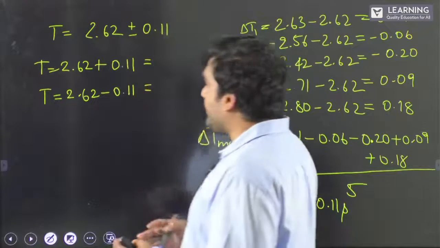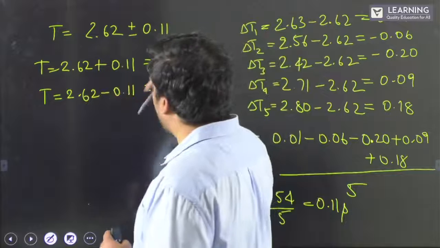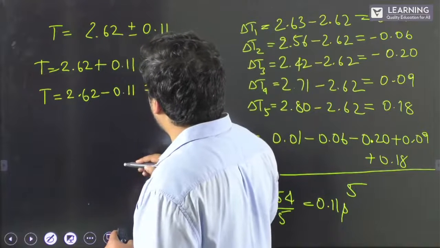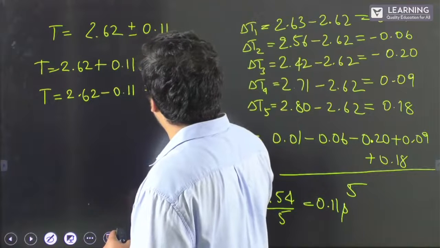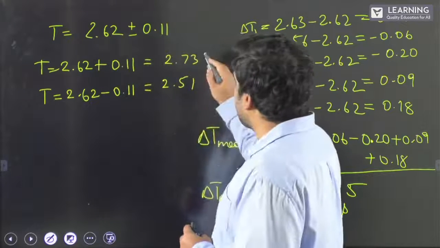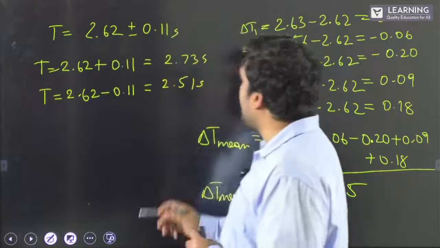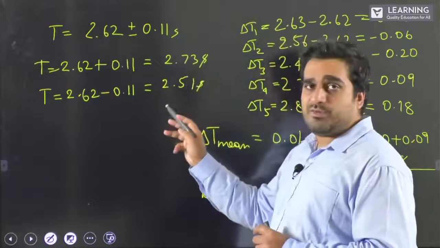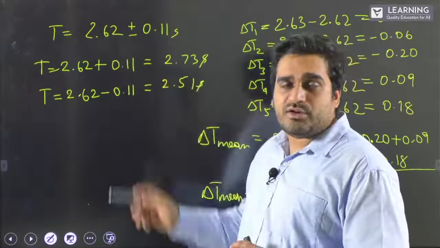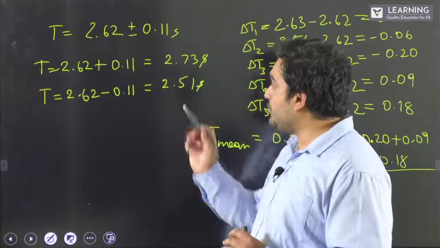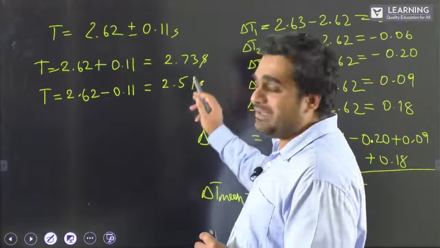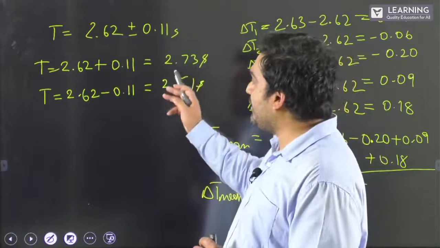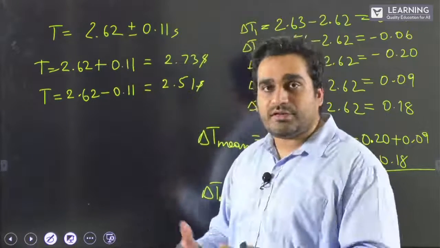By adding and subtracting, you get two different values: 2.73 and 2.51 seconds. Either one could be the right answer. That is how you determine the actual true time and error.